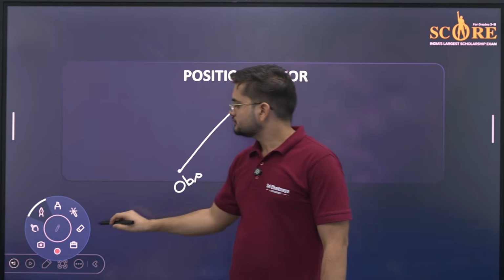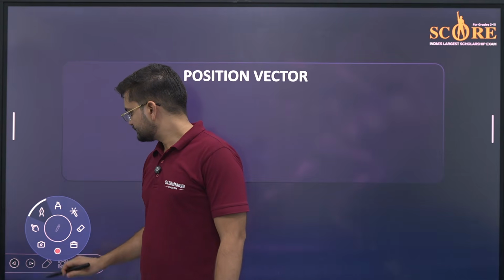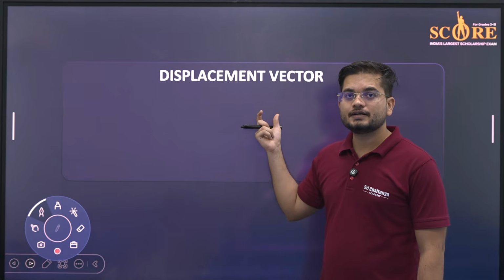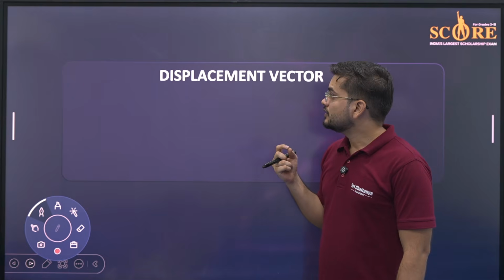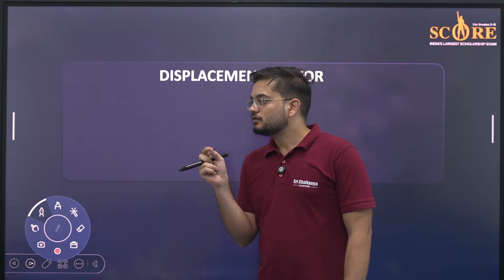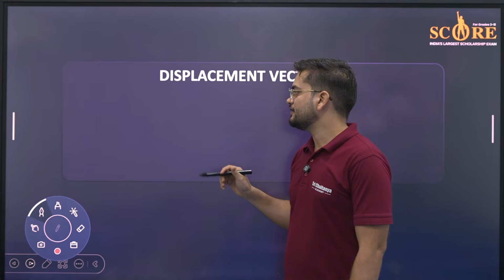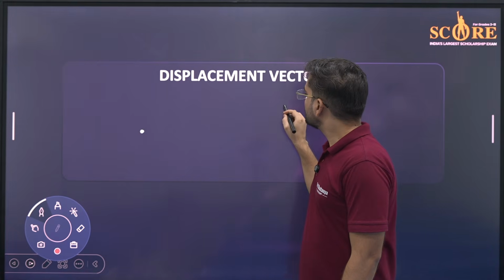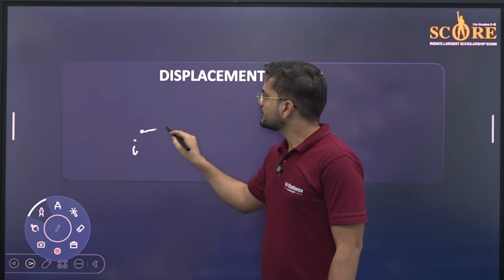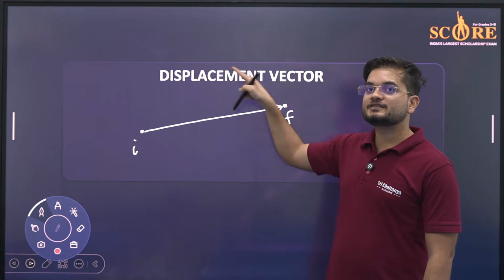Then after position vector, next is displacement vector. Displacement between two points, or displacement between two positions in a motion, is defined by this: if here is the initial position and here is the final position, then this vector is known as the displacement vector.